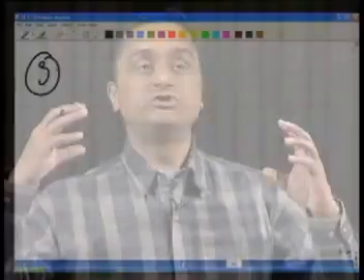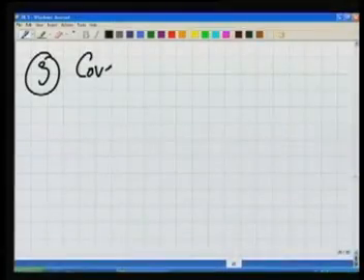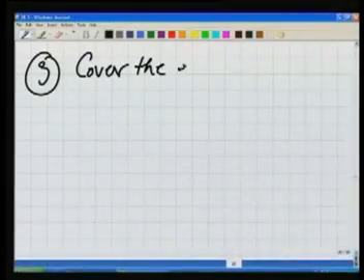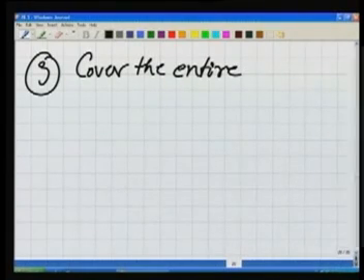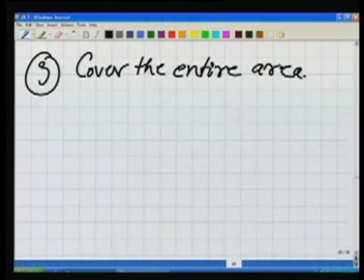Then the next point, third, the triangulation network which we choose, or the triangulation figure that we choose, should be such that it should cover the entire area. That is the purpose. We want to establish a control network for the area.